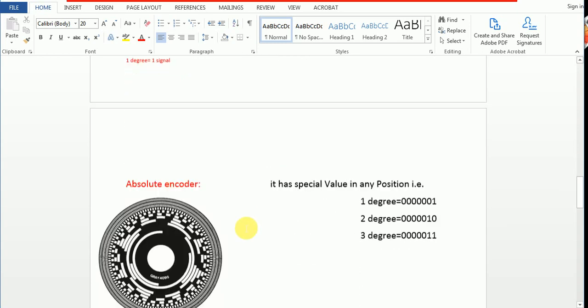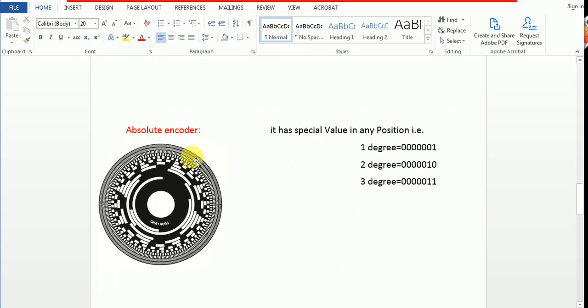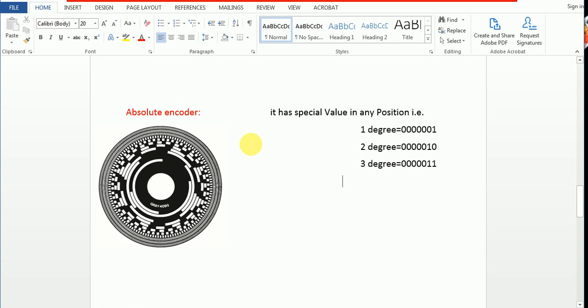But in the absolute encoder this is not possible, because every position has a specific value. For example, at this position your PLC loses power, and when power comes back on it gives the same value, because it has a specific value. So mostly the absolute encoder is used where we have risk and high safety requirements.